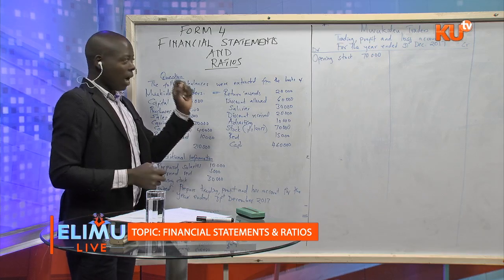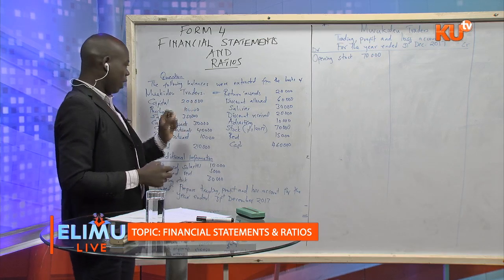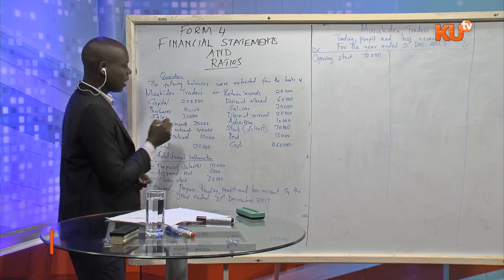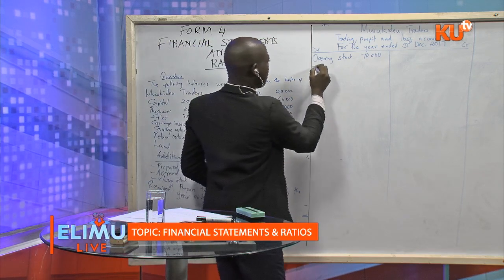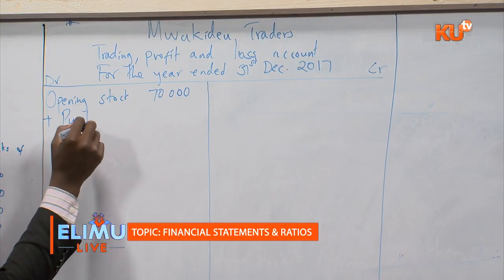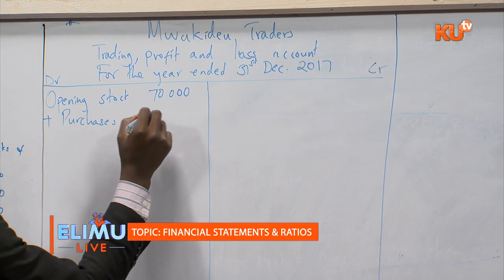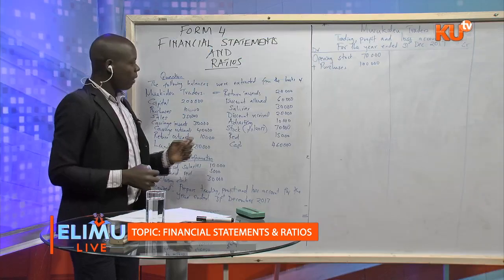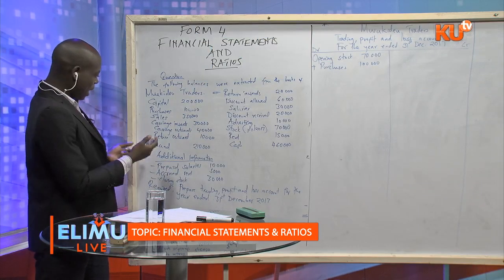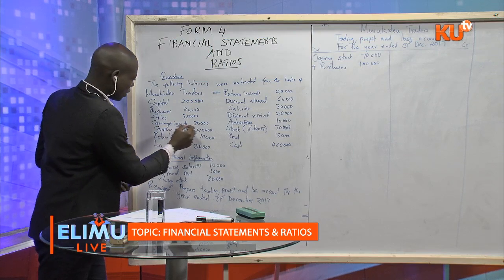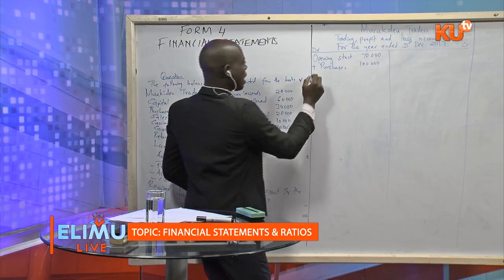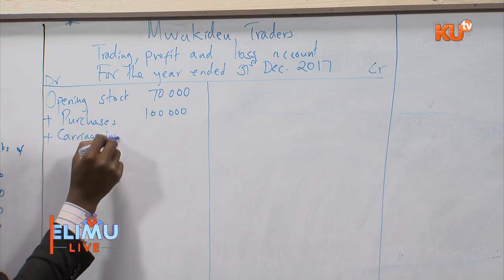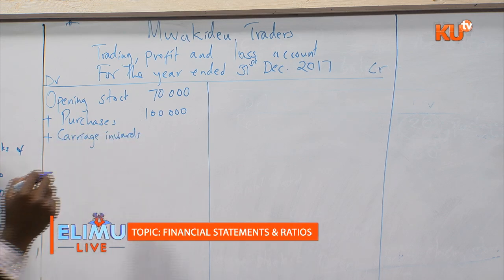Then number two, add purchases. Do you have purchases for Mwakideu? Yes, we have purchases worth 100,000. Number three, do you have carriage inwards? From the entries, yes, we have carriage inwards, 30,000. So we add carriage inwards, 30,000.